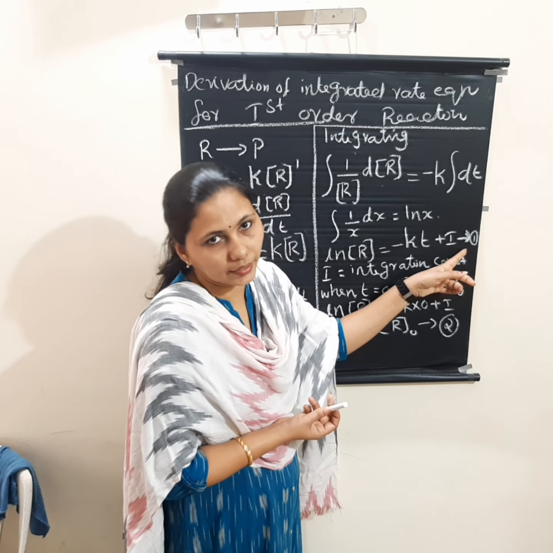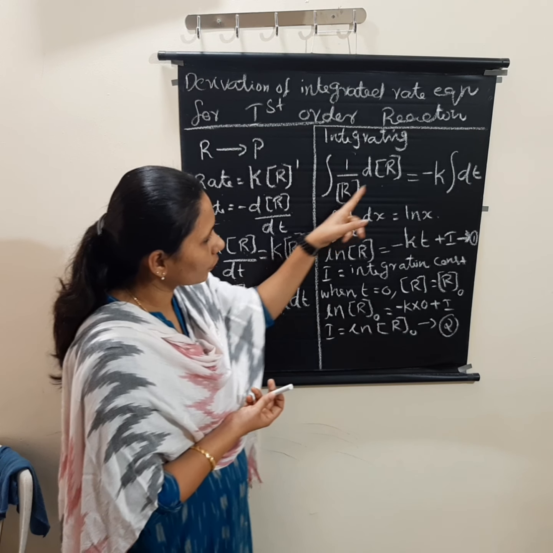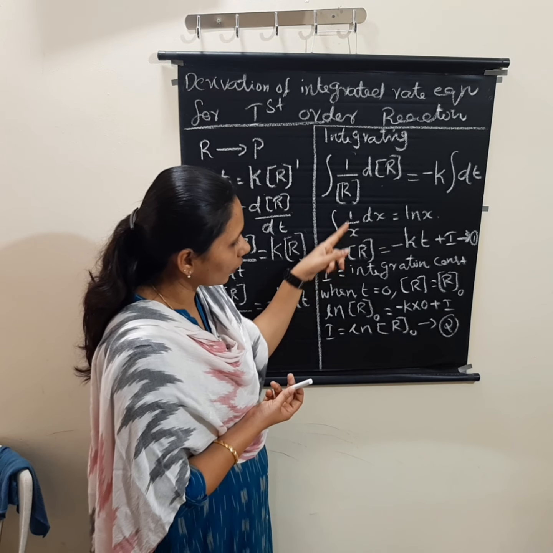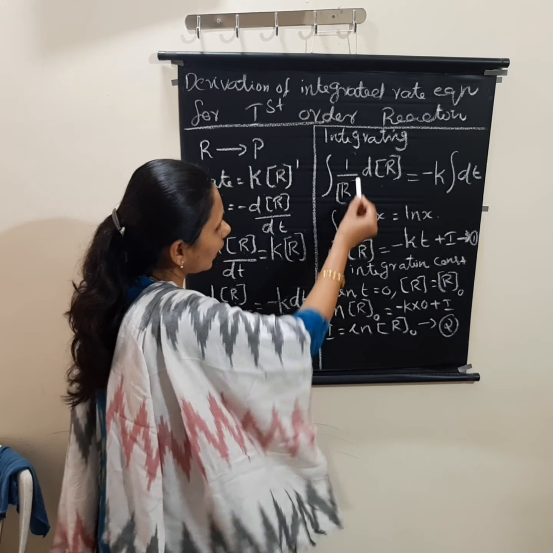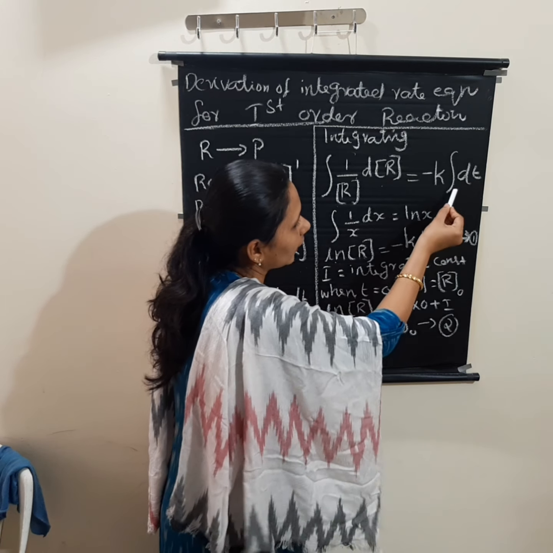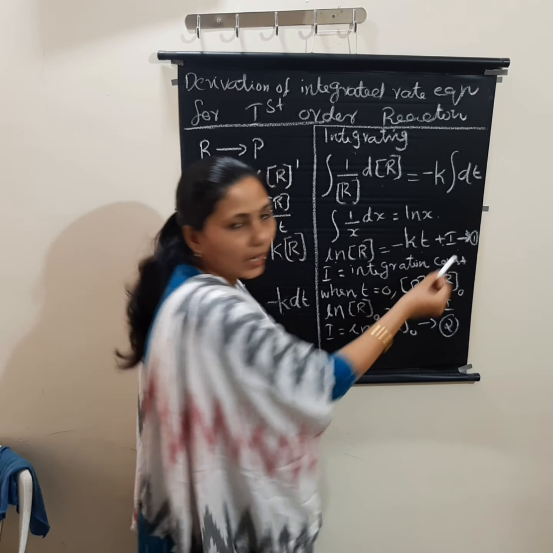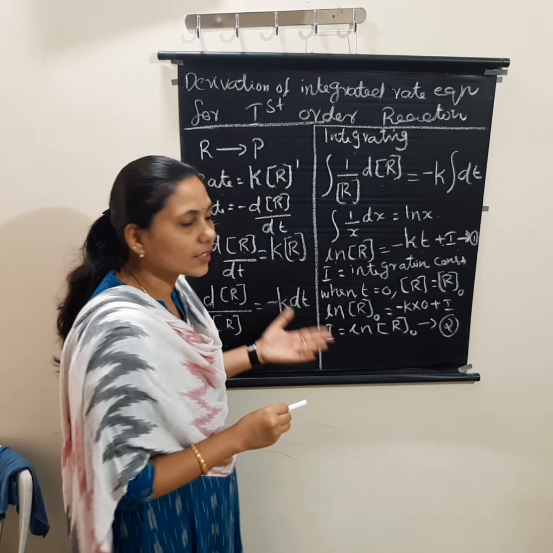I is the integration constant. So ln [R] equal to minus Kt plus I, where I is the integration constant. This is equation 1.